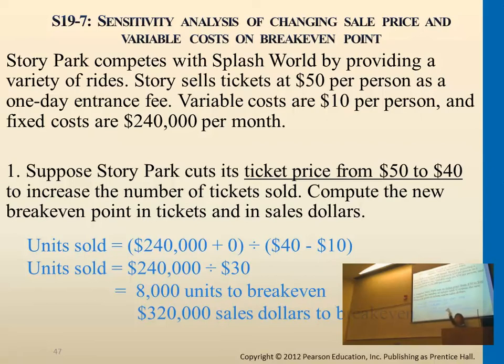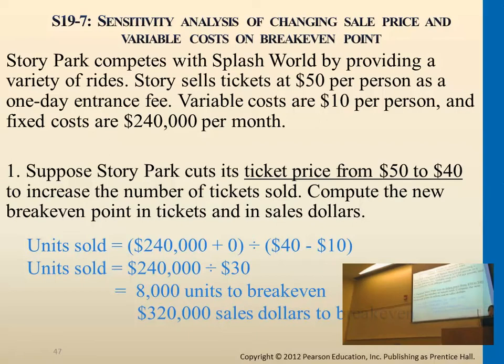When it was 40 earlier, we needed only 6,000 units to break even, using $240,000 divided by 40. But now, since we lowered the sales price and everything else is the same, the contribution margin per ticket is only $30, so you need to sell more tickets in order to break even.